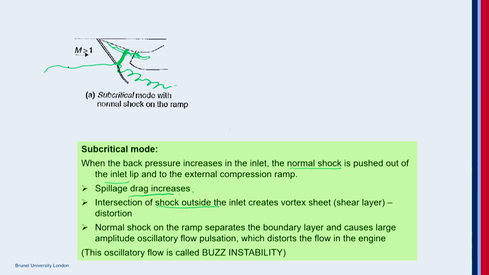The intersection of shock outside the inlet creates vortex shear layer distortions. This is what you have. The normal shock on the ramp separates the boundary layer, and this results in large amplitude oscillated flow pulsations, which distorts the flow into the engine. This oscillated flow is called the buzz instability.